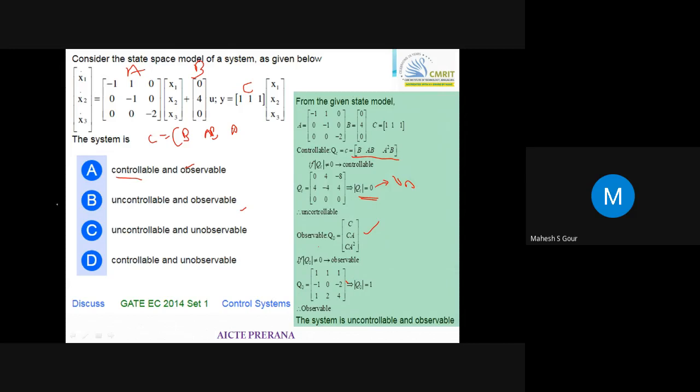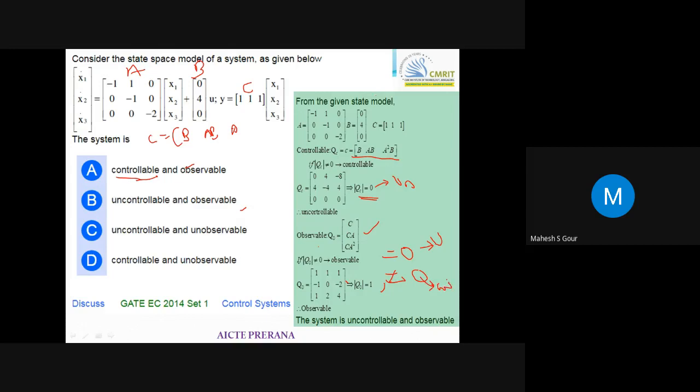If you are getting the answer as 0, it is uncontrollable. You can't control it, meaning you'll be getting some random data. Sorry, if the determinant is equal to 0, it is uncontrollable. If it is not equal to 0, meaning you have some positive value, then it is controllable.